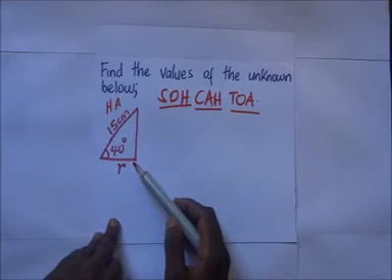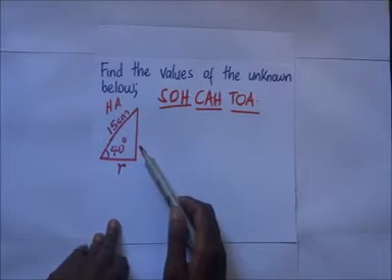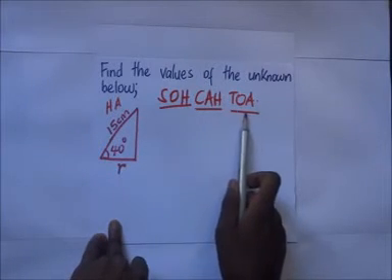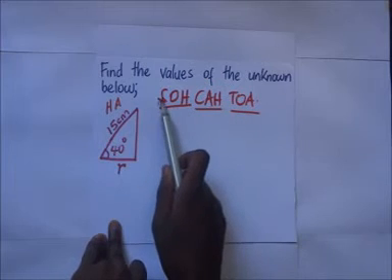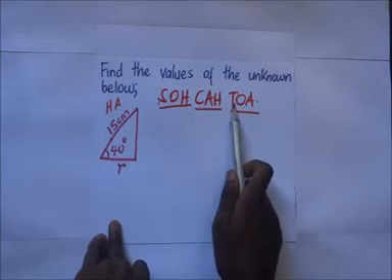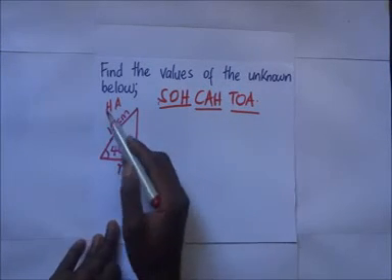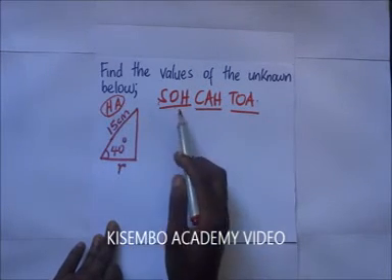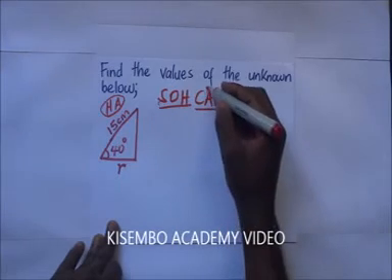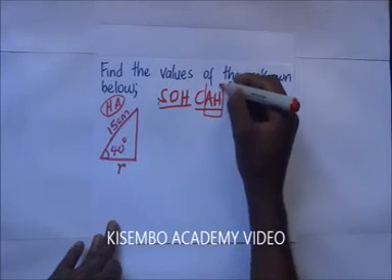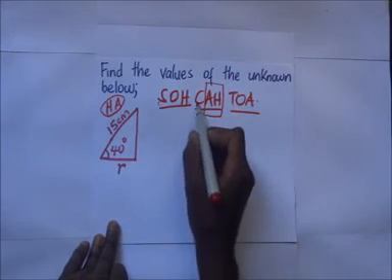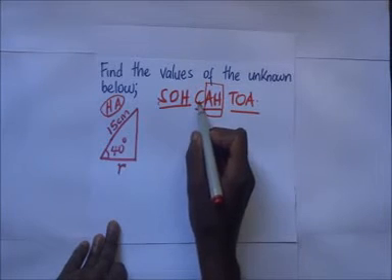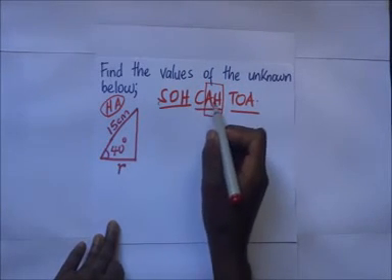So what can we use to find it? We choose from these three. What should we use? Sine? Should we use cos? Should we use tan? Now if you look, we have adjacent and hypotenuse. If you look through here, we only have adjacent and hypotenuse right there. So it means we are going to use cos. Cosine of this angle is going to be adjacent over hypotenuse.